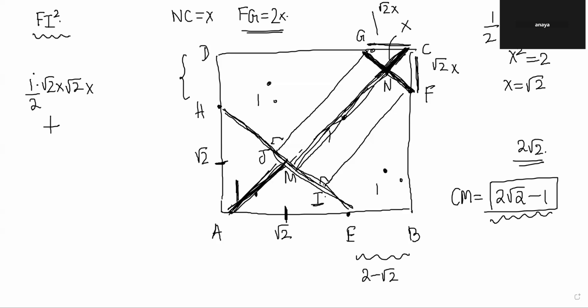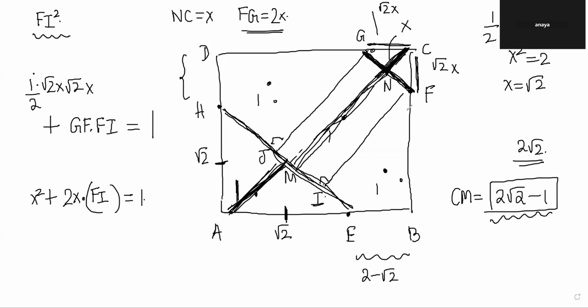Area of the rectangle would be GF into FI, which is adding up to 1, right? This is the whole pentagon's area, right? So this becomes x square plus GF, we just now figured out, is 2x, right? 2x into FI is equal to 1, right?